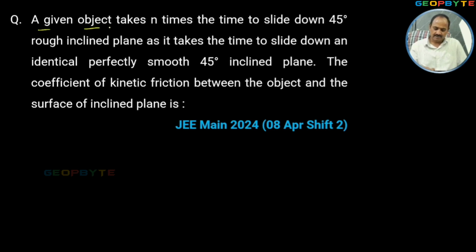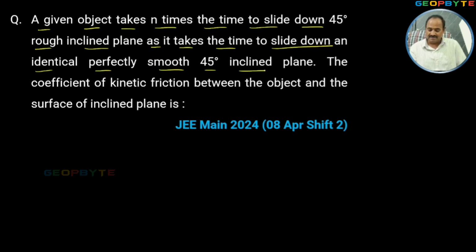A given object takes n times the time to slide down a 45 degrees rough inclined plane as it takes to slide down an identical perfectly smooth 45 degrees inclined plane. One smooth plane is there, one rough plane is there.